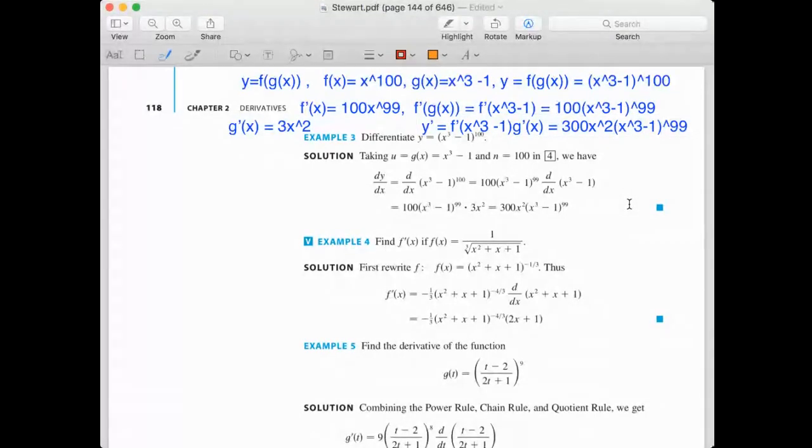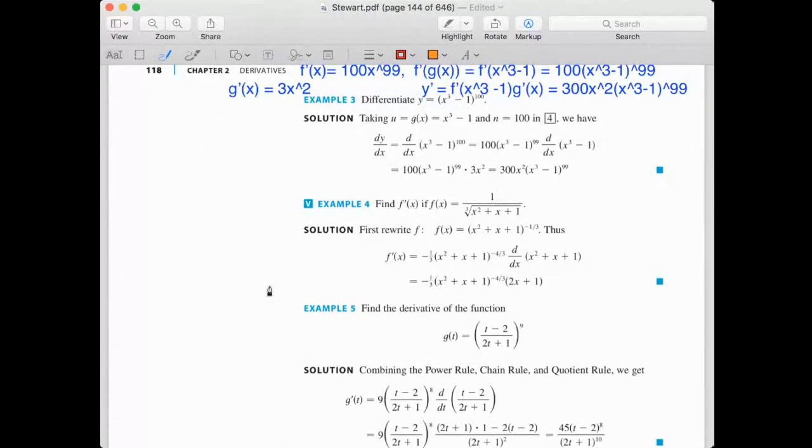So the big part of this is to be able to see a function as a composition of two functions. Then apply the chain rule. All right, let's see the next one. Let's keep practicing. So the next one is f of x equals 1 over the cubic root of x squared plus x plus 1.